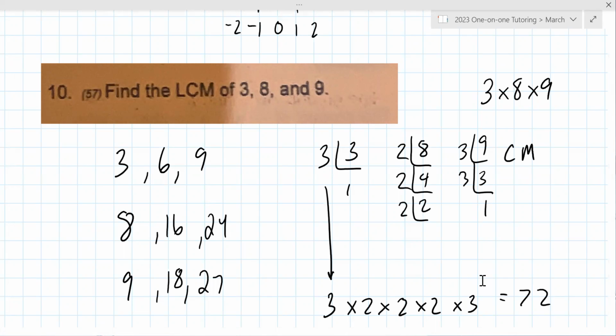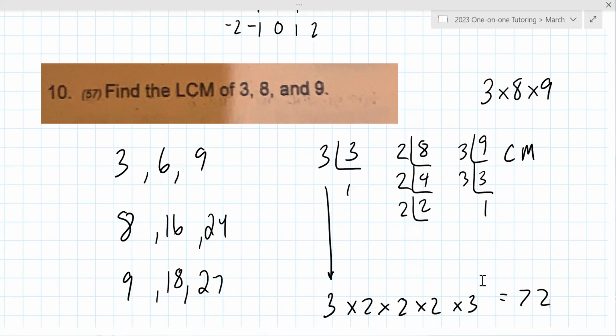Finding the least common multiple. Write each number as a product of prime factors. Use every factor of the given number as a factor of the least common multiple. Use each factor the greatest number of times it is a factor for any number or expression.